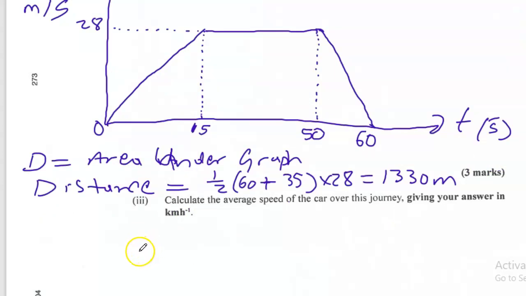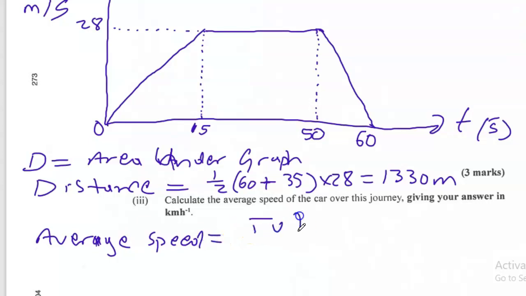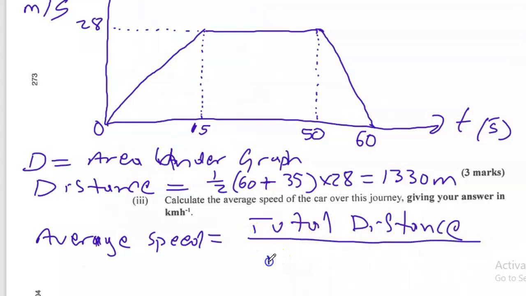Next we're asked to find the average speed, and the formula for average speed is total distance over total time, right? The total distance was 1330 meters.